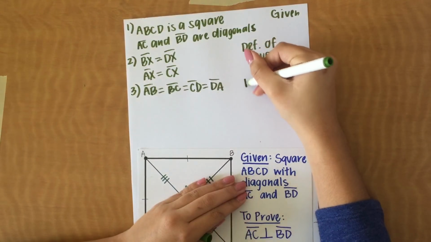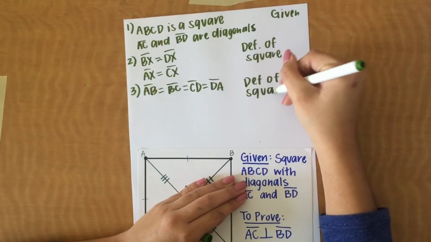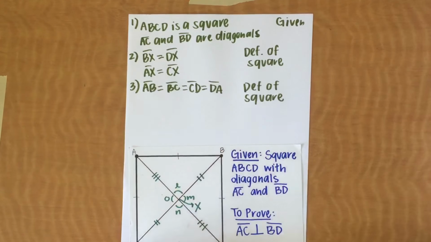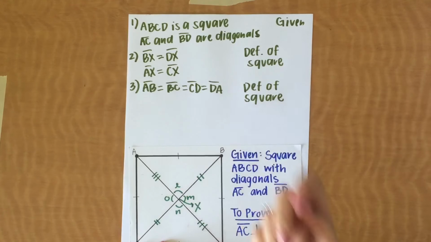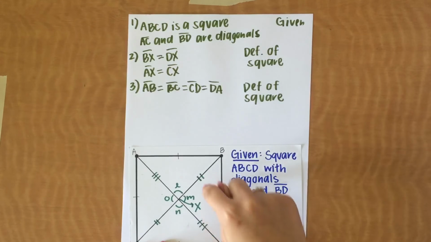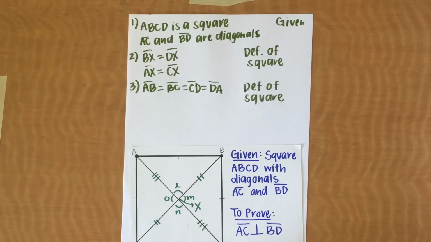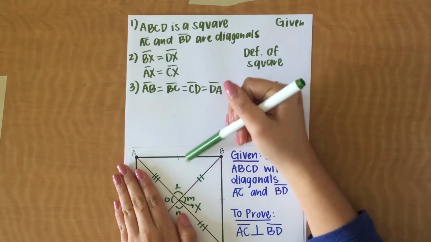And this is also the definition of a square. Now we have 3 sides that are all congruent. So we know that this triangle is congruent to this triangle because we have this, and this.